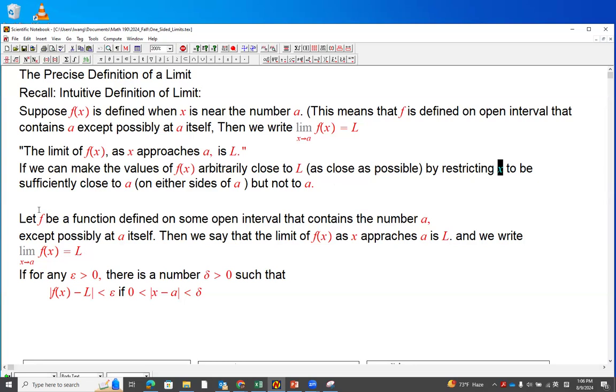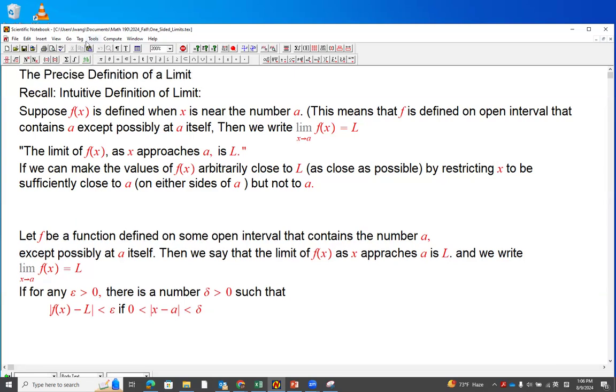So now this is the precise definition of limit. Let's take a look. The condition is the same. Let f be a function defined on some open interval that contains the number a. It's the same condition.